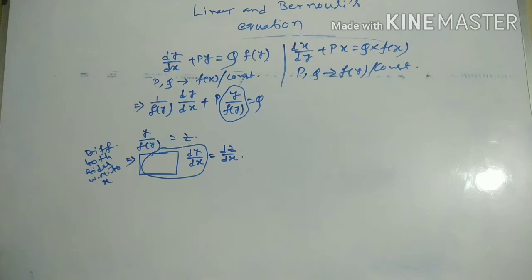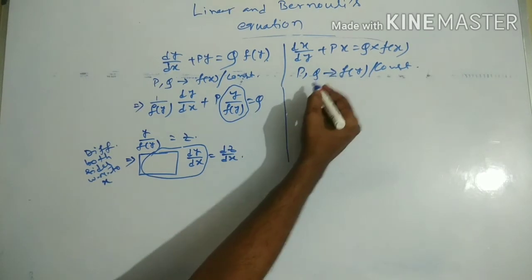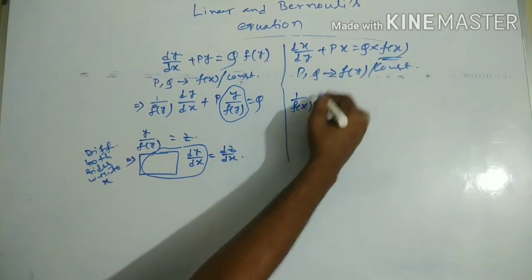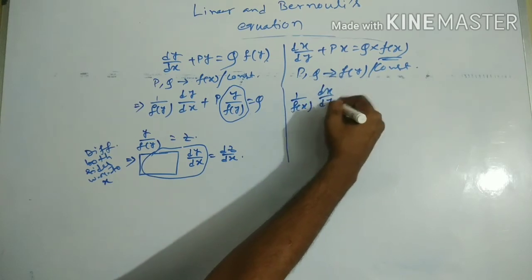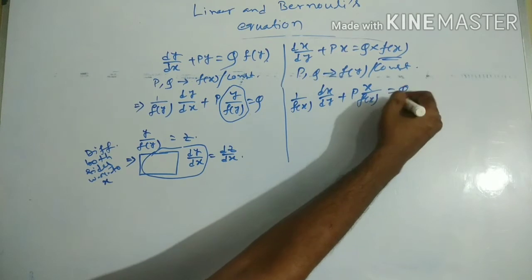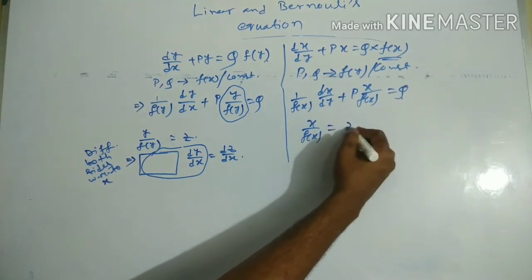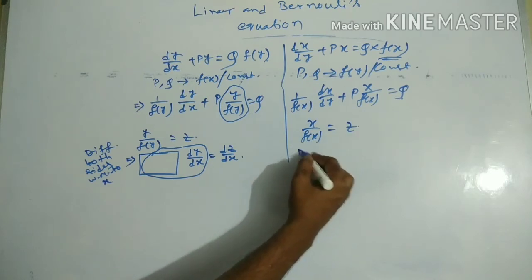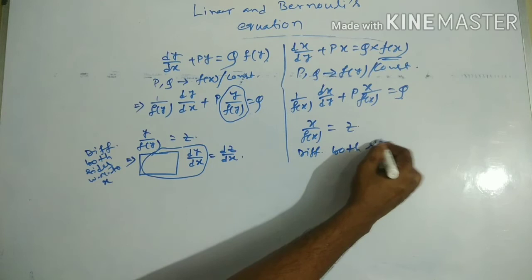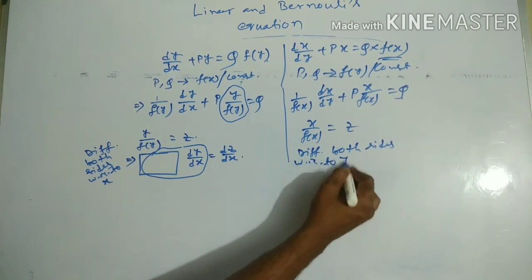Similarly, here you will have to divide by this function f(x). So (1/f(x)) dx/dy + P x/f(x) = Q. So x/f(x) will be substituted by some variable z, and differentiate both sides with respect to y.